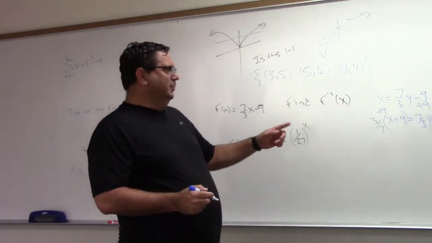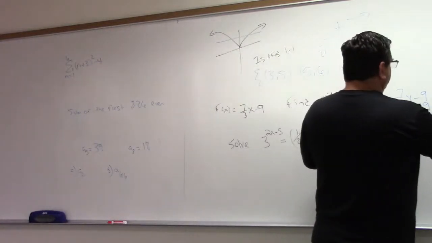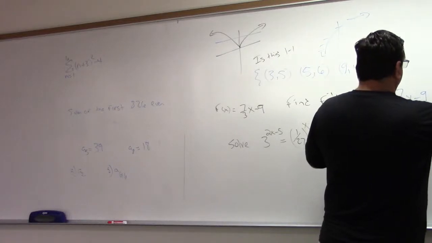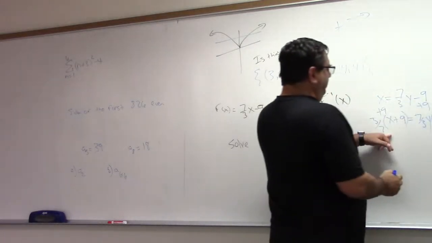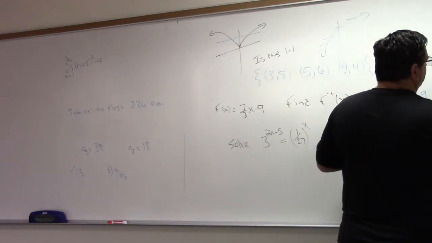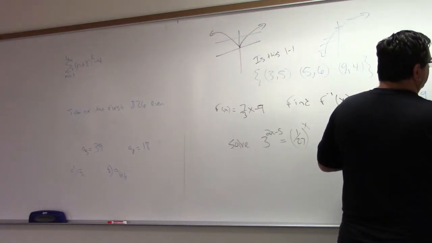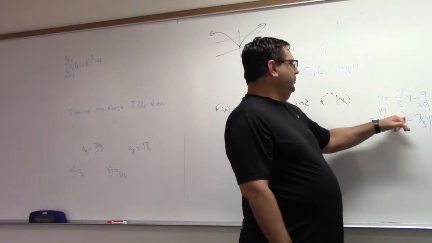If I need to, we multiply by 3 first, we get 3x plus 27 equals 7y. And then we divide by 7. Y equals 3x plus 27 over 7.